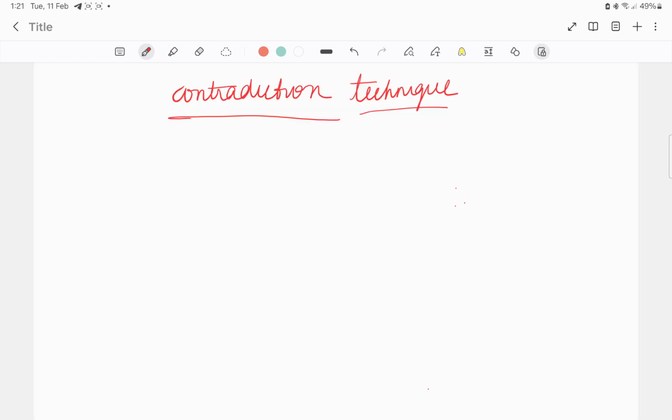Understanding? The fourth technique is the contradiction technique. What does the contradiction technique mean? One of the biggest mistakes CLAT aspirants make in critical reasoning is falling for contradictory answer choices.